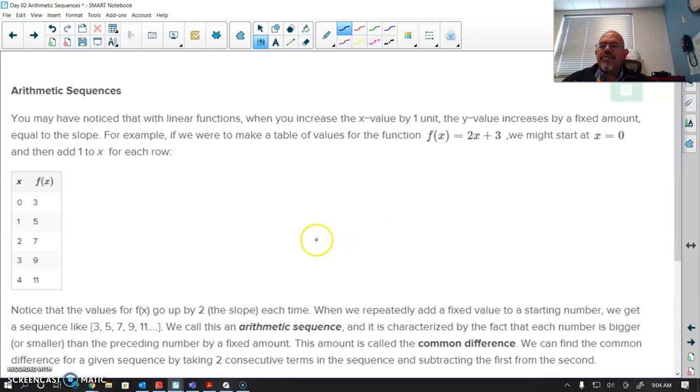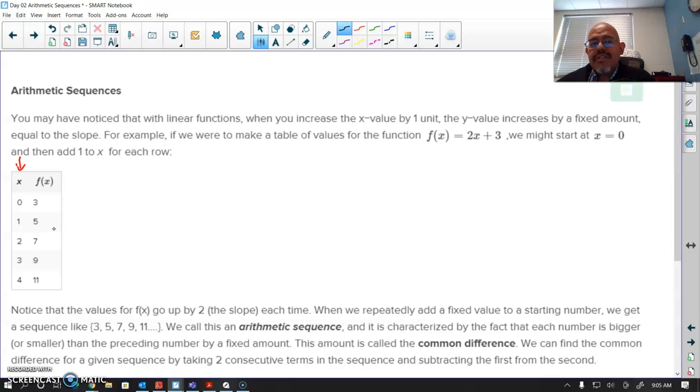Okay, so we have an arithmetic sequence. So x represents the placeholder, where it is in the sequence. You have the 0 term, and then we have the 1 term, 2 term, 3 term, 4 term. And each one of these has a number associated. Like right here, this has 3, then 5, then 7, 9, and so forth.